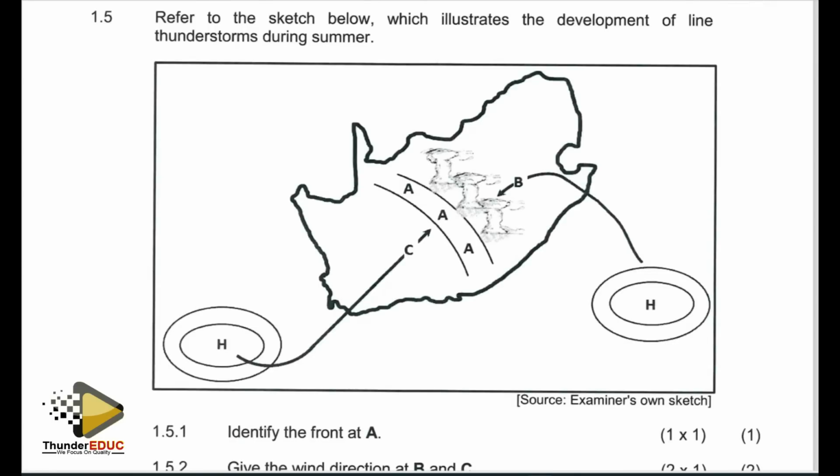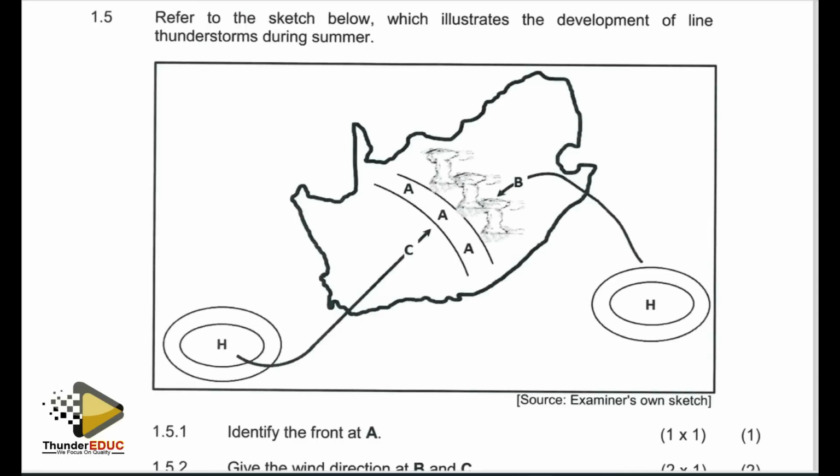Right, we understand that this is the interior of South Africa, and over the interior of South Africa, when it is summer, we tend to have the existence of the thermal low over the interior because of intense heating. The ground is intensively heated, and it results in rising air, creating a low pressure over the interior.